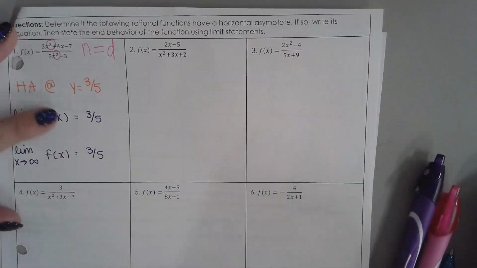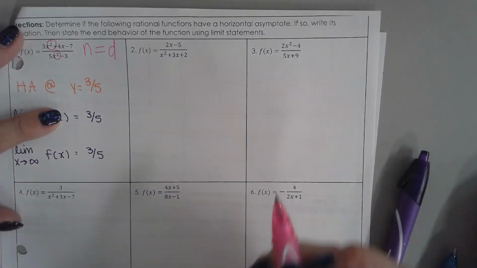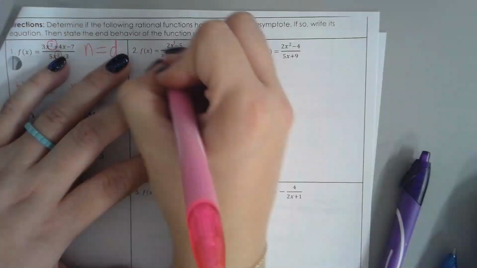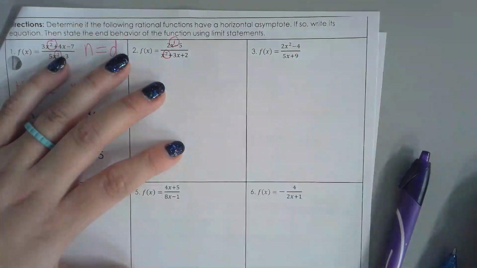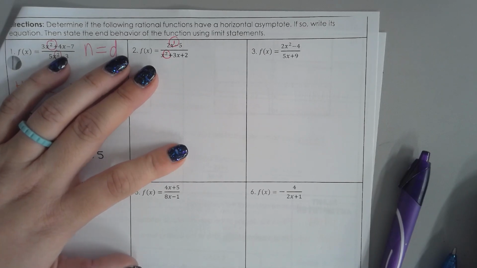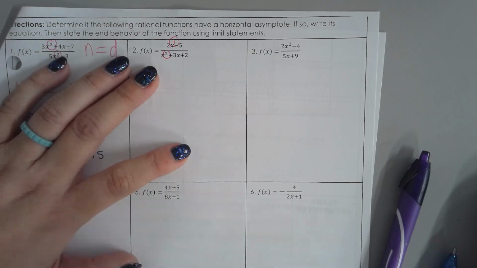Number 2, the degree of my numerator is 1, and the degree of my denominator is 2. Are they equal? Nope. Which one's bigger? The bottom.